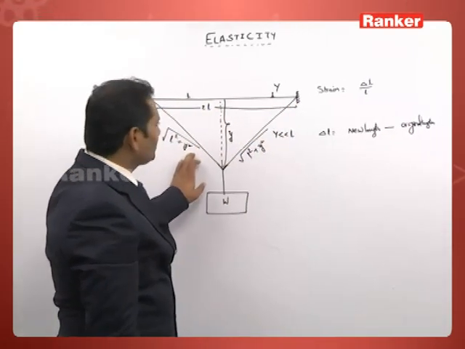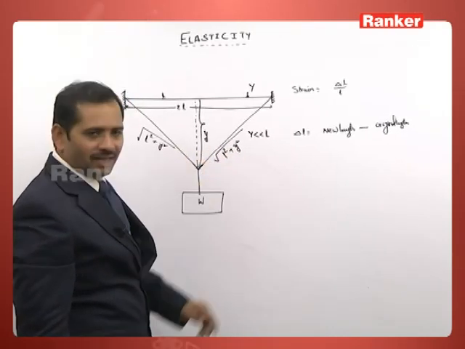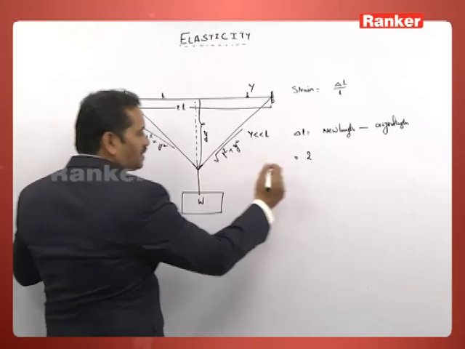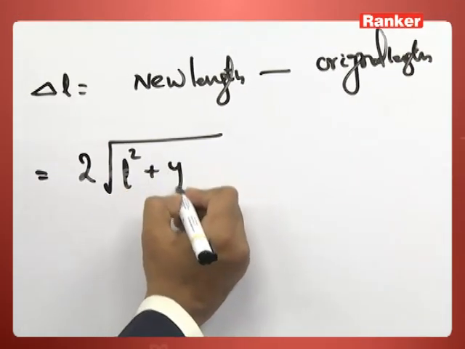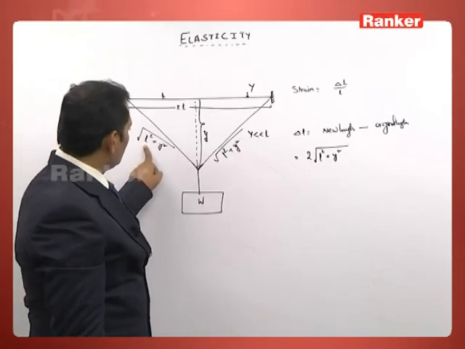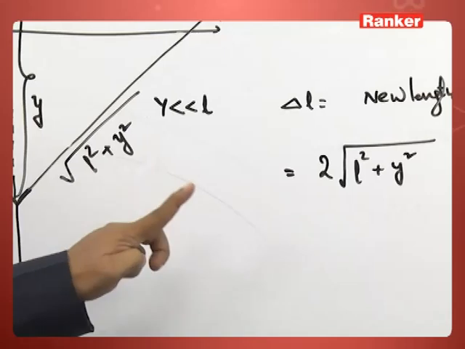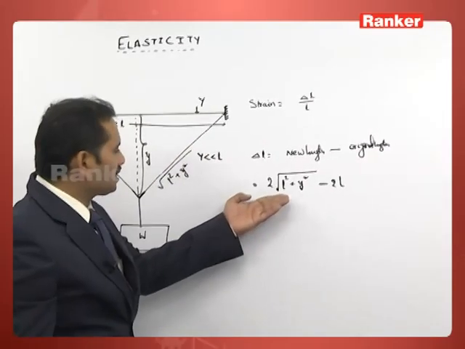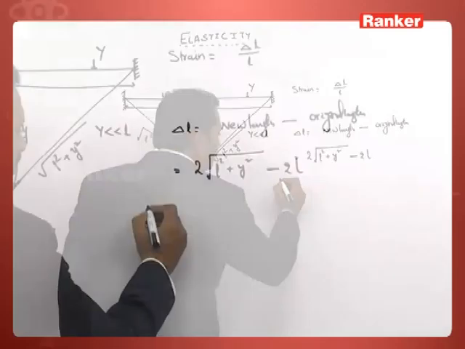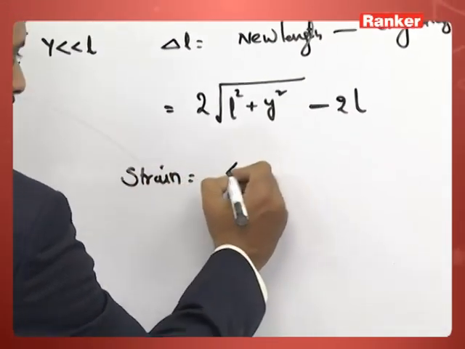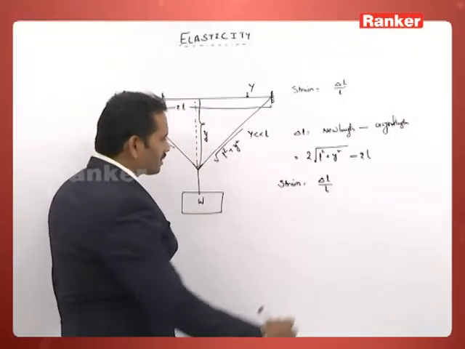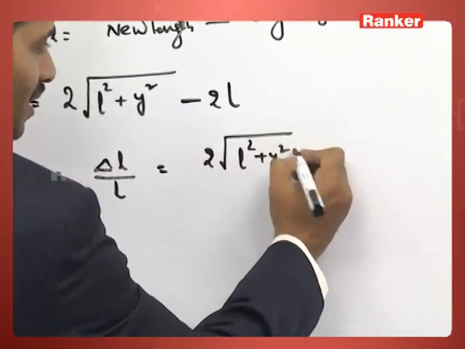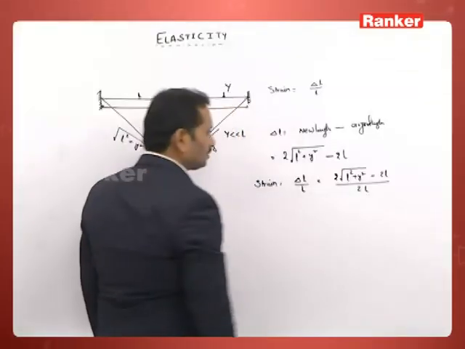The final length is 2 into square root of L square plus y square, and the original length is 2L. So delta L equals 2 square root of L square plus y square minus 2L. This is the change in length. Strain equals delta L by L, that is 2 square root of L square plus y square minus 2L, divided by 2L, the original length.